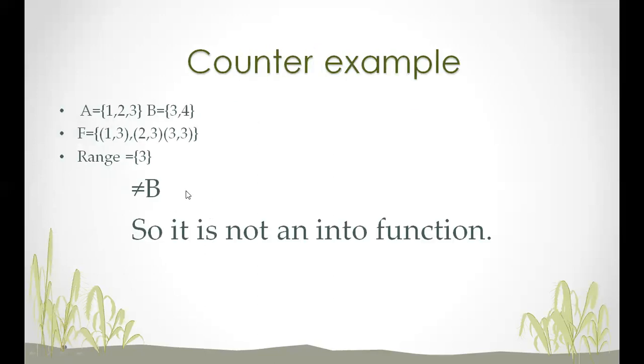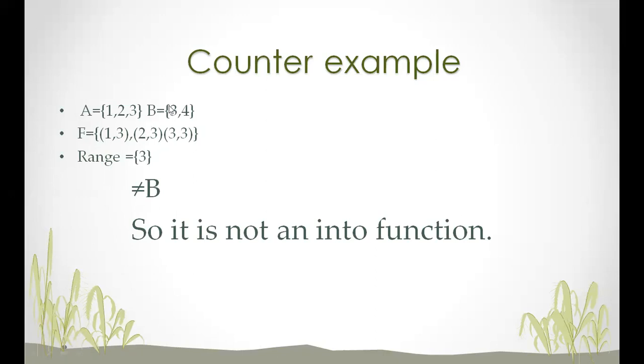Now a counterexample which is not an onto function, because B has two elements, 3 and 4, but in the image, or in other words the range, there is only 3. In an onto function, range and codomain are equal. When range and codomain are equal, then it is an onto function, otherwise it is not.